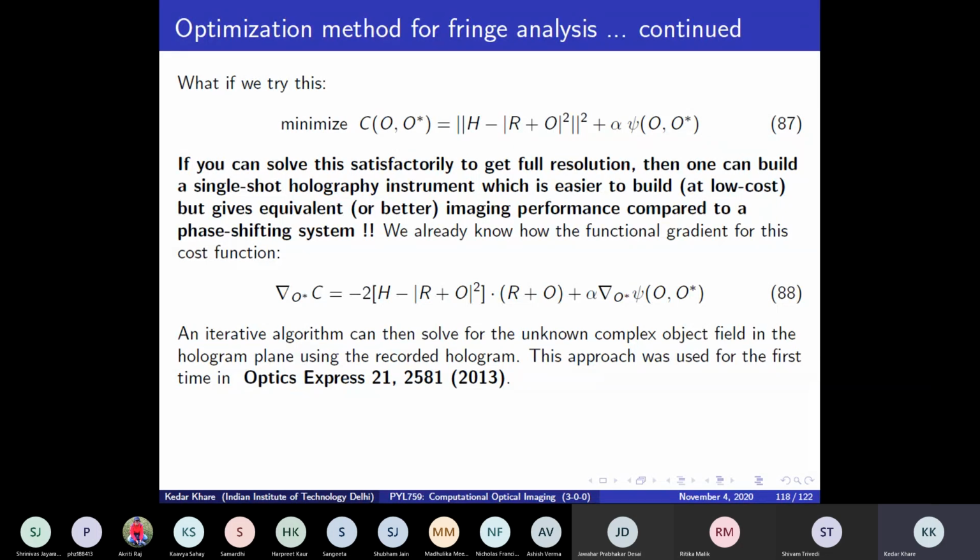I can use the same high quality optics, high quality microscope objectives or whatever I want. But I just bypass this requirement that I need to do phase shifting and things like that. Okay. So I just want to close this material before the minor with this thought, and then we will discuss details of this a little more after the minor.